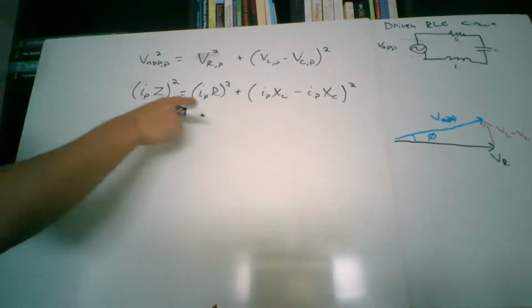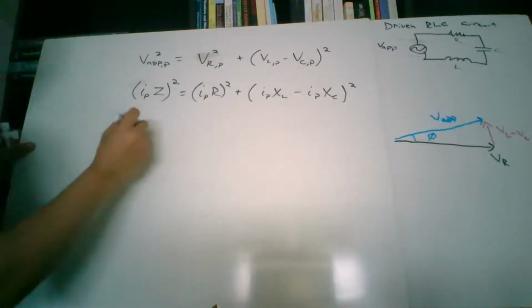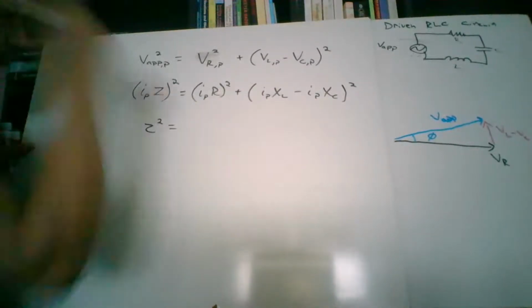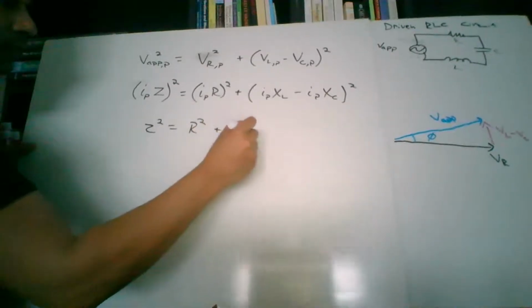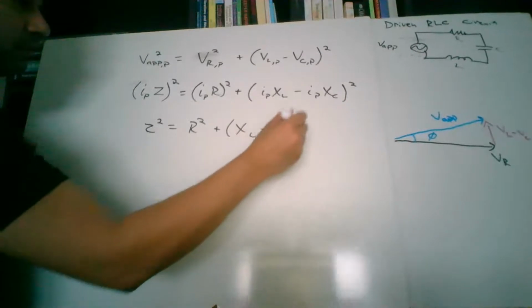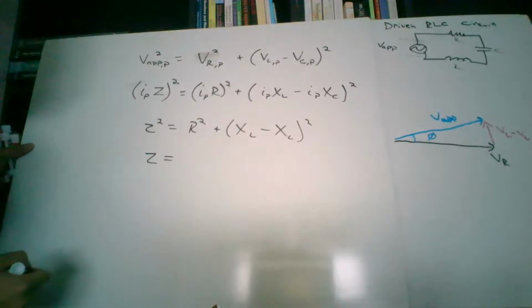Well, this is squared. What can you factor out? You can factor out the I. And so we're left with Z squared is equal to R squared plus XL minus XC squared. And we get our equation for the impedance.